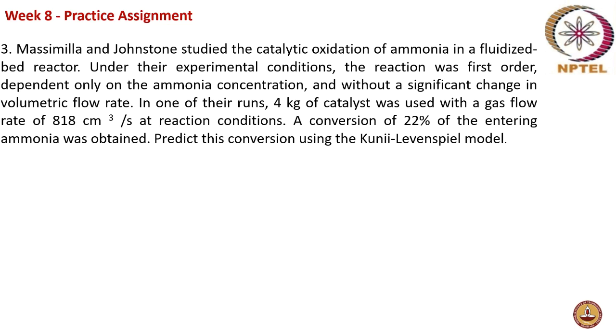In one of their runs, 4 kg of catalyst was used with a gas flow rate of 818 cm³ per second at reaction conditions, and a conversion of 22% of the entering ammonia was obtained. Now, we have to predict this conversion using the Kunii-Levenspiel model.